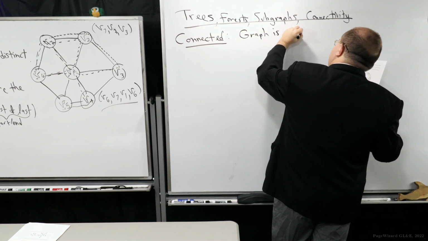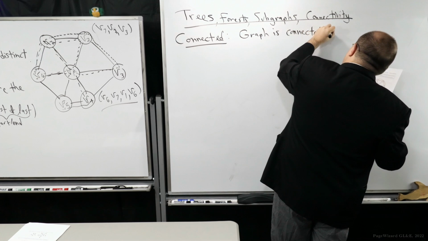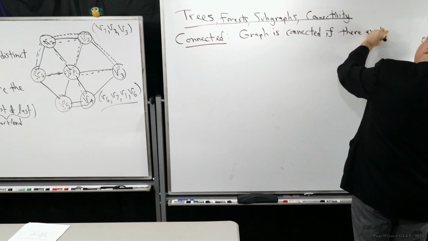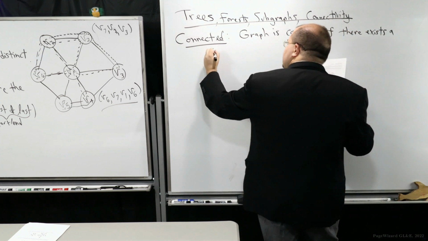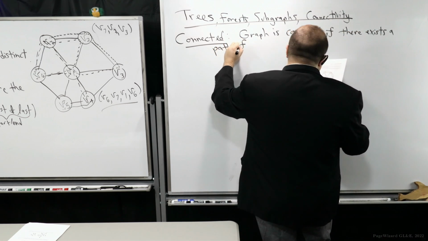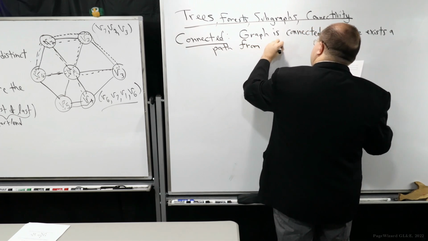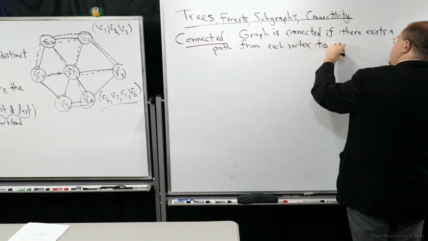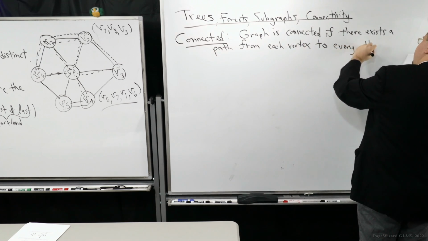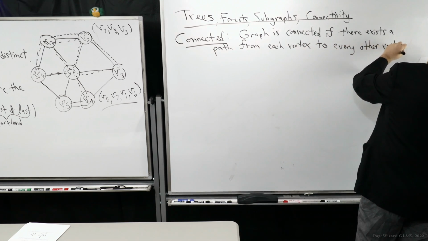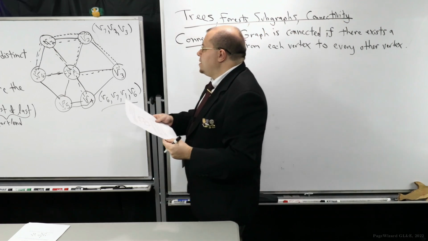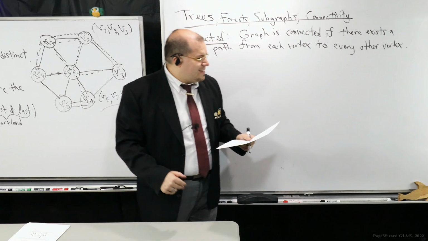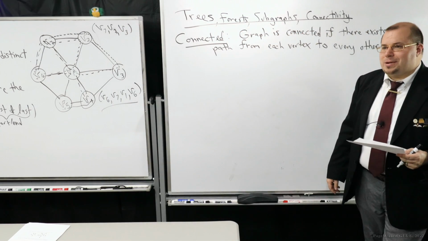So we say a graph is connected if there exists a path from each vertex to every other vertex. So for example, is this graph over here connected? I'll give you a moment to think about it.